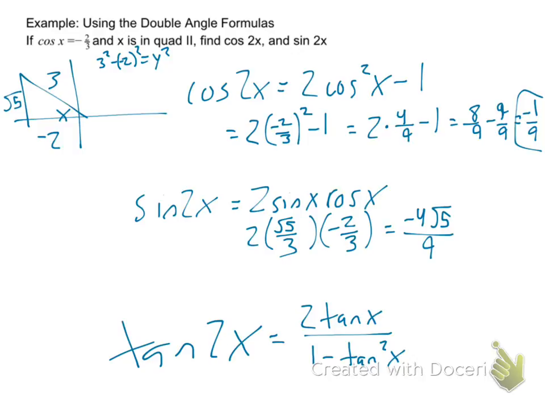Are we really in second quadrant? No. Why? The second quadrant is where angle what is? x. We're doubling x. So if you happen to be in the second quadrant, any angle in the second quadrant, you double it, you're going to end up at least in quadrant what? 3 to 4. So therefore, sine would have to be negative. That's why it makes sense.